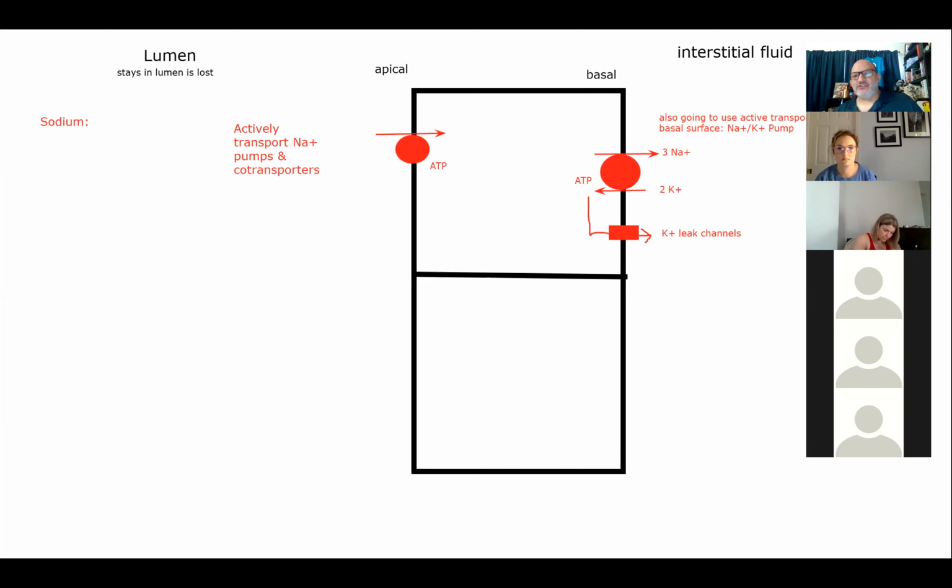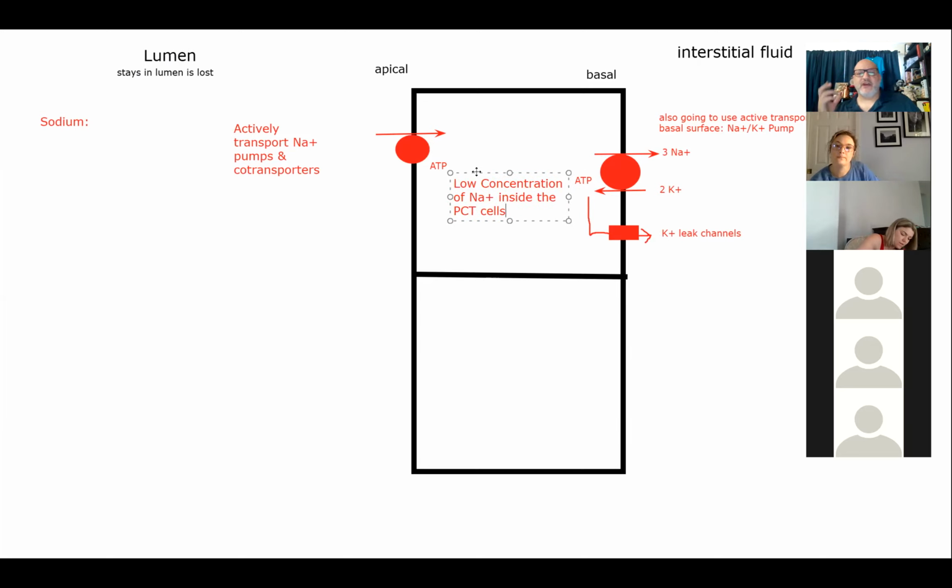And the advantage of that is we are going to produce an extremely low concentration of sodium inside of these proximal convoluted tubule cells. And as we know, sodium is one of those things we can use to do work for us.